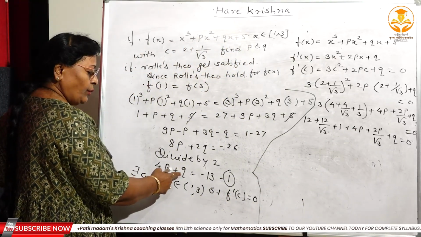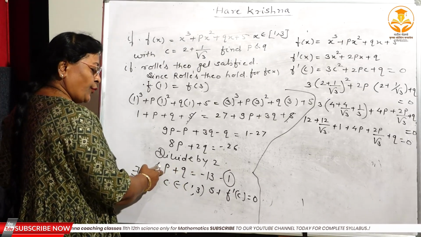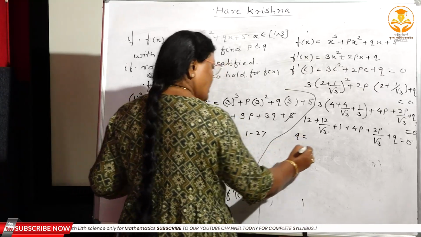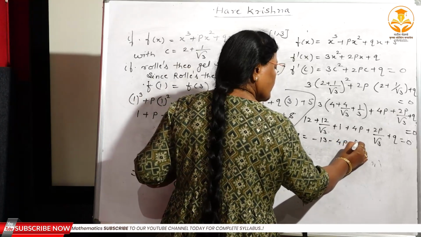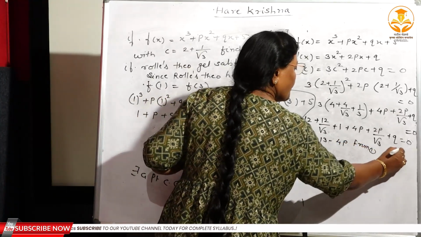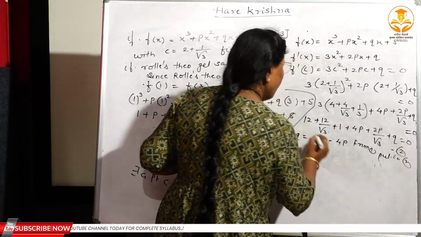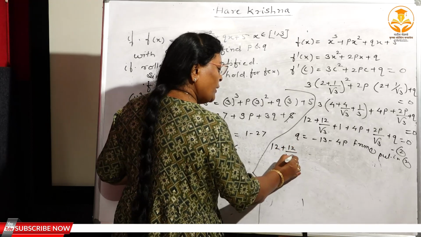What is the value of q? The value of q, it is nothing but what here? Minus 13 minus 4p, right? Therefore, q is equal to minus 13 minus 4p from first, and put in second, right? Therefore, here you have got 12 divided by root 3.